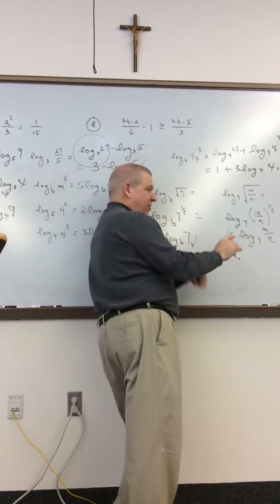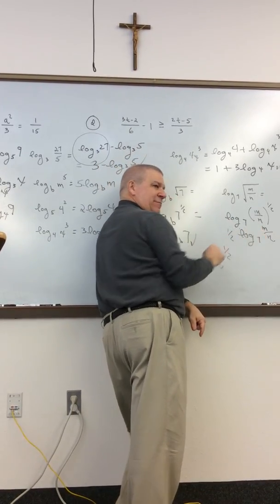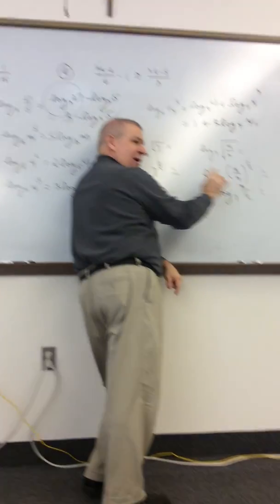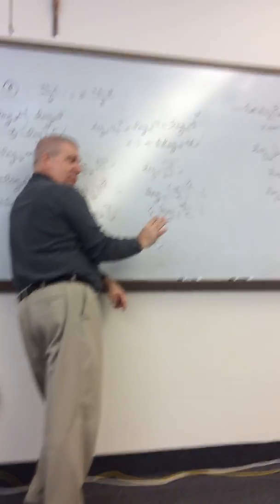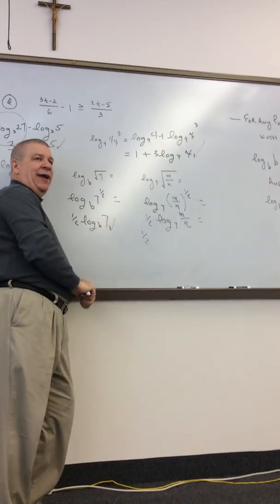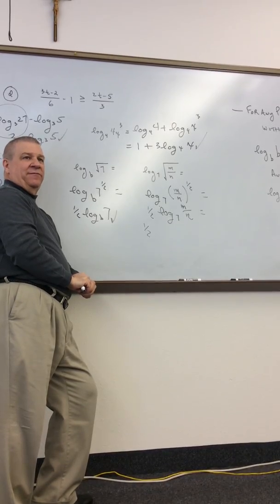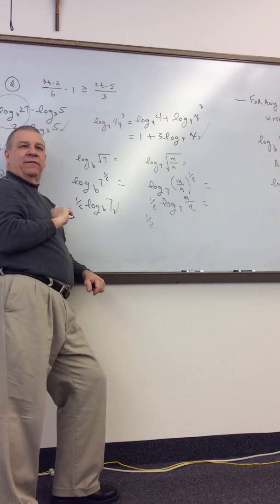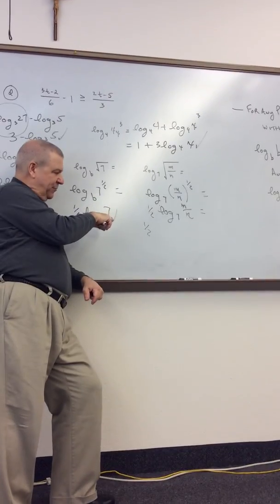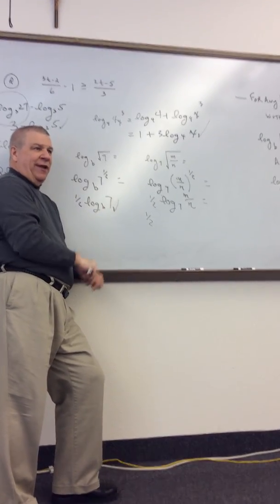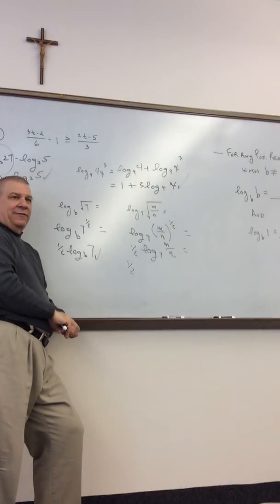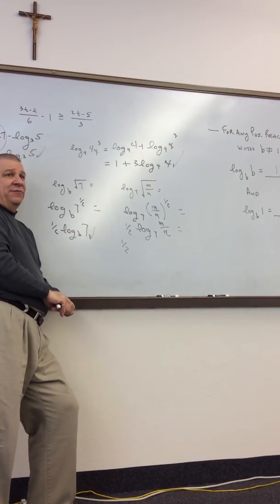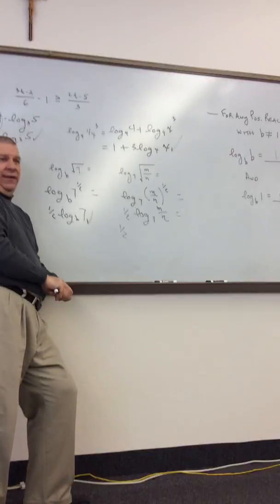Listen to me. This is going to be the log of m, subtract the log of n, correct? What do you think I have to put after that 1/2 though? Let's see if you can. This is 1/2 times that whole thing. So what do you think I have to put on the board there after the 1/2 before I write that out? I have to, because it'll apply to the whole thing.